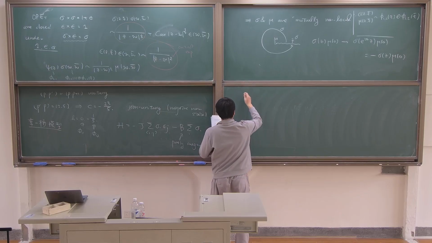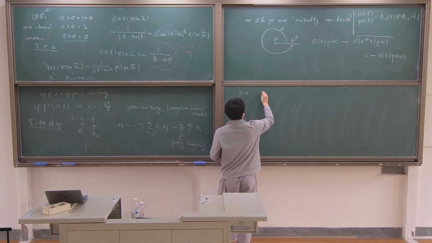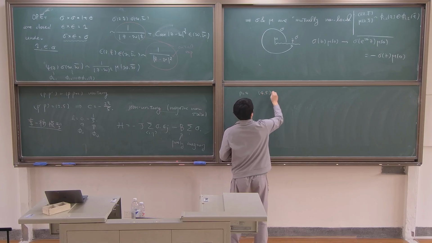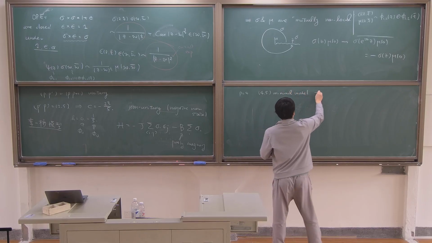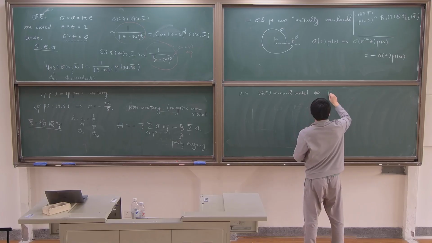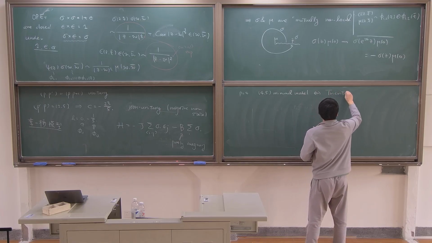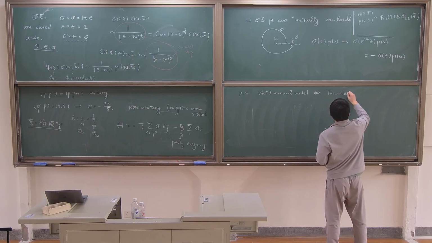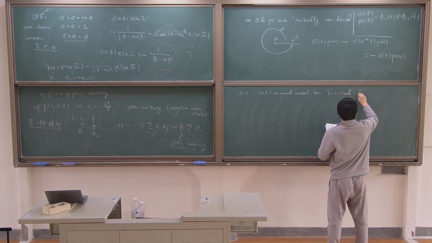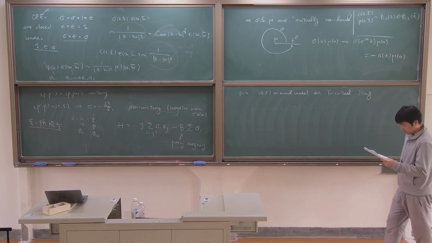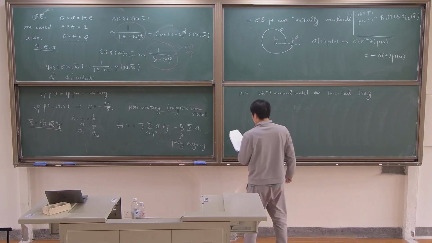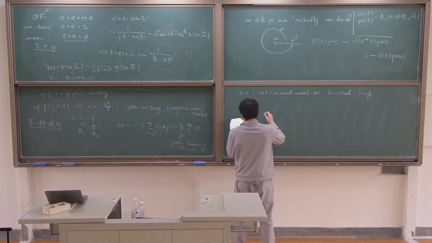So for instance, when P is equal to 4, that is the 4-5 minimal model. This corresponds to the so-called tricritical Ising model. The tricritical Ising model is some variant of the Ising model, where you need to include some vacancy sites.